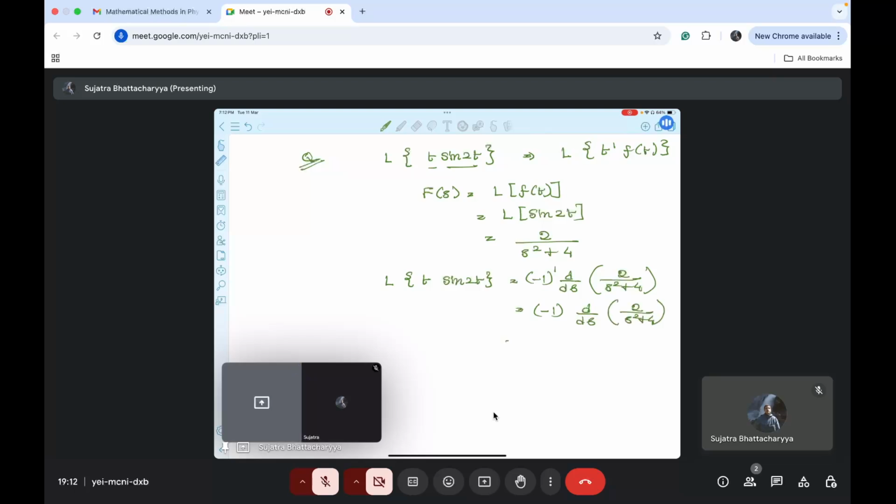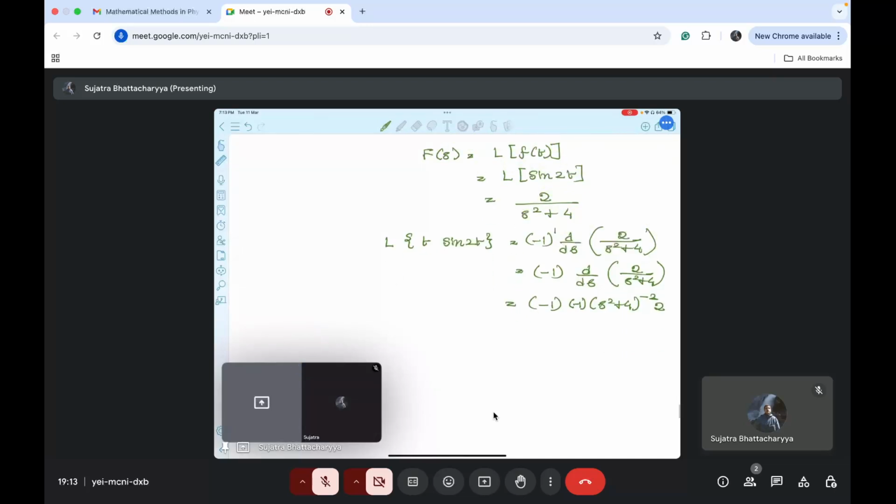Just try to do it. It is minus 1. So it will be (s^2 plus 4) to the power minus 2 with a minus 1, and there is a 2 as it is into 2s. Alright. So minus minus gives you plus, 2 into 2s is 4s divided by (s^2 plus 4) whole square. This should be the answer.